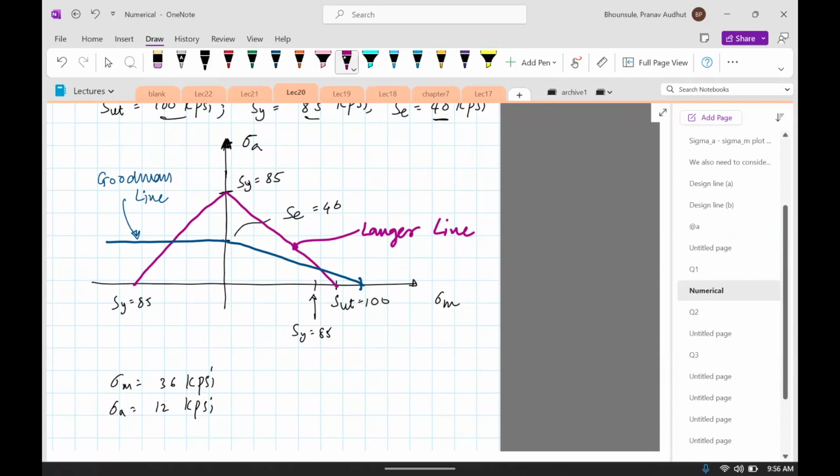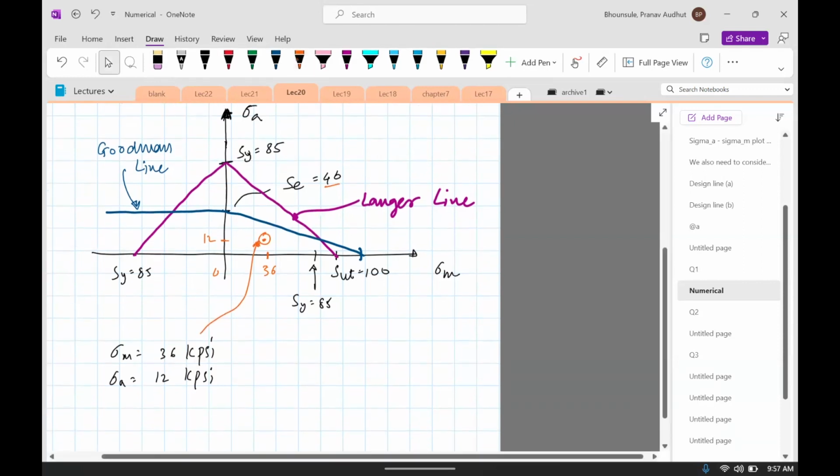So 36 for sigma M, this is 85, this is 0, so it should be somewhere in the middle. This would be 36, and then 12. Since this is 40, 12 should be a third of the way. Here. So this is where the stress is.